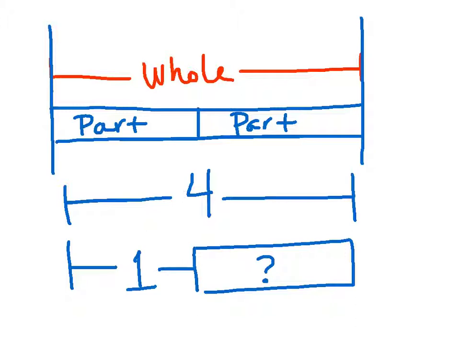Now this becomes an addition problem, or it could become a subtraction problem depending on how you want to look at it. But we could subtract 1 from 4 to get the other answer here. We could say 1 plus something equals 4. So we're talking about measurement, right? So 1 inch plus 3 inches equals 4 inches, or 1 foot plus 3 feet equals 4 feet, or 1 mile plus 3 miles equals 4 miles. You get the picture there. You can use it for all different kinds of things.